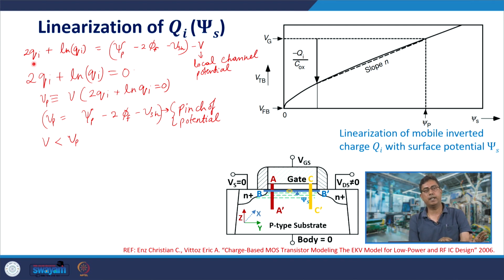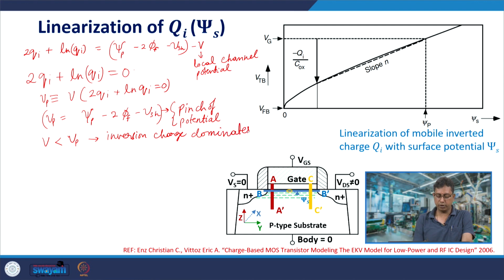So, in some sense you could say that the inversion charge is dominating, it is having a large value. So, what happens when local channel potential is larger than Vp, pinch off potential?